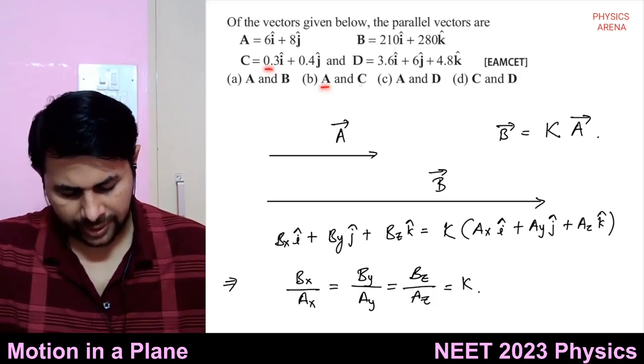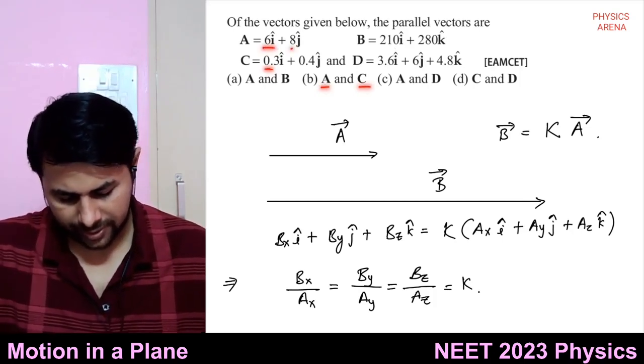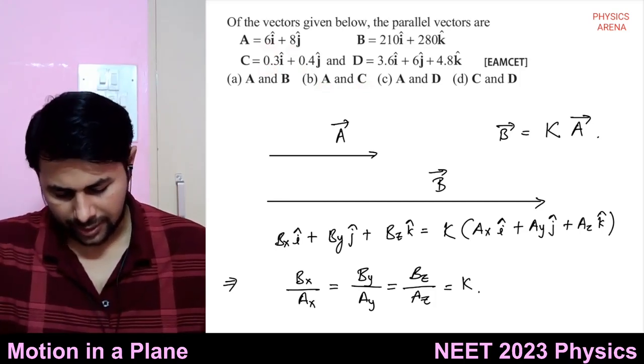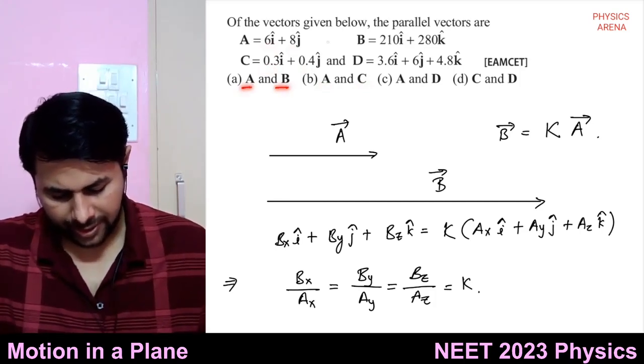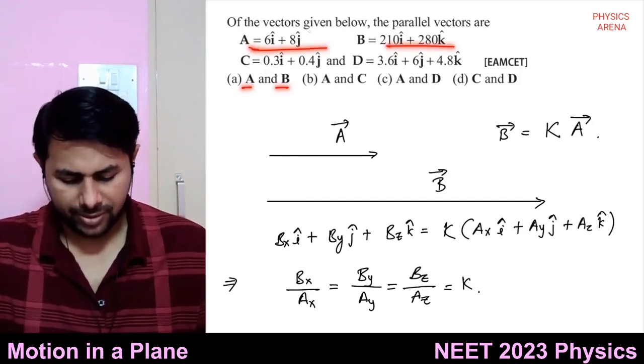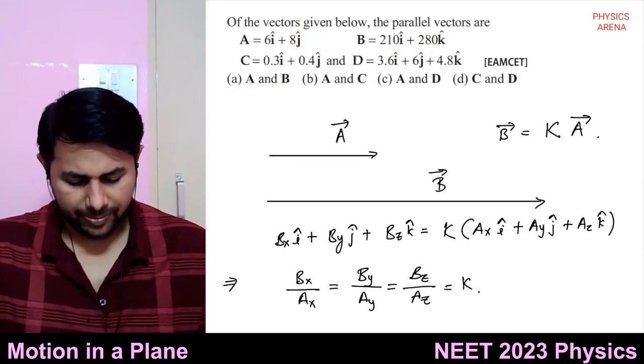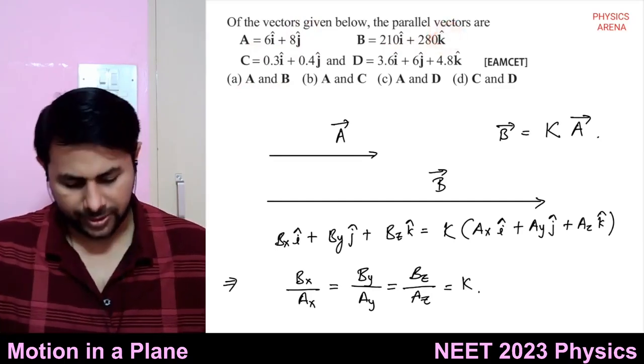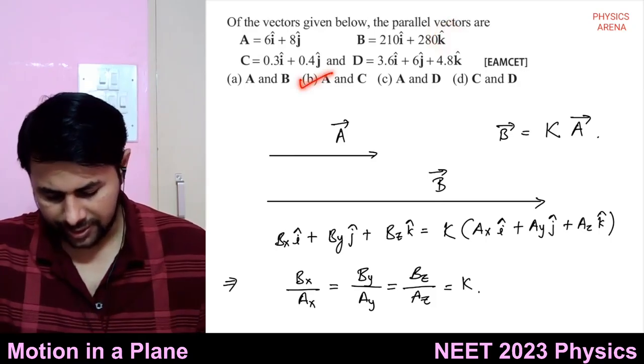B is A and C, this one and this one, right. And A is A and B. A and B are not in the same direction because this has a j cap, the y component, and this one doesn't have a y component. So option B is the answer.